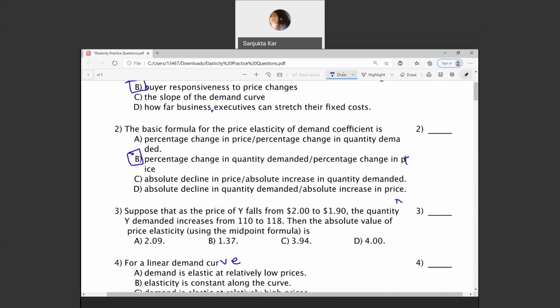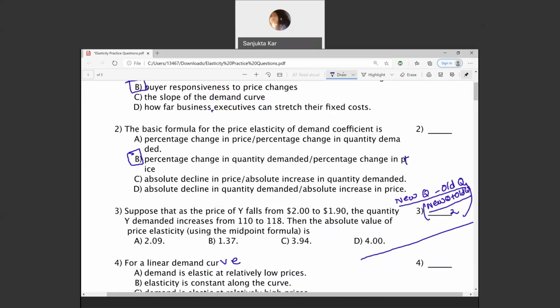So the formula is new quantity minus the old quantity over new quantity plus old quantity divided by 2.